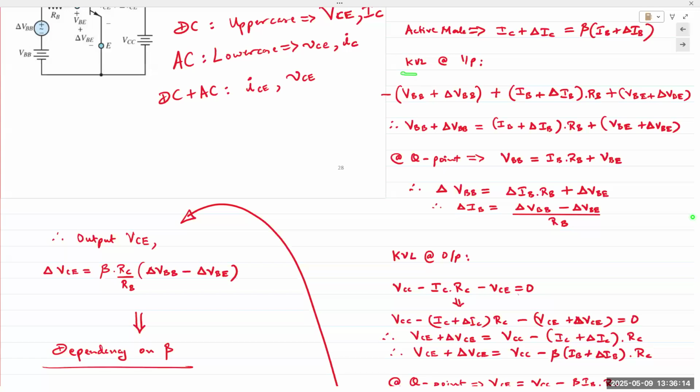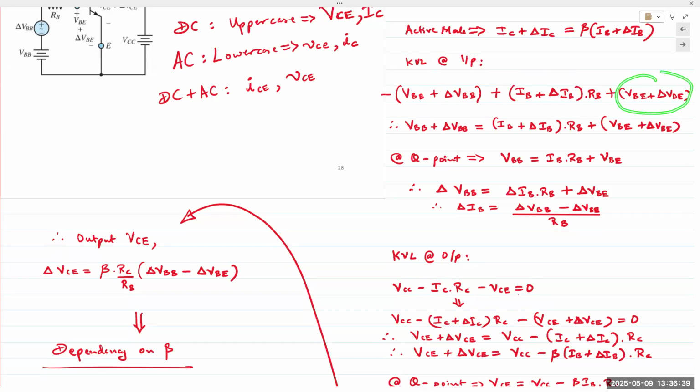Then we apply KVL at the input and KVL at the output. Apply KVL at the input, we obtain the exact same expression that we obtained in the previous slide, except every single component now has an AC component to it. So you have VBB, DC plus AC. You have IB, DC plus AC.